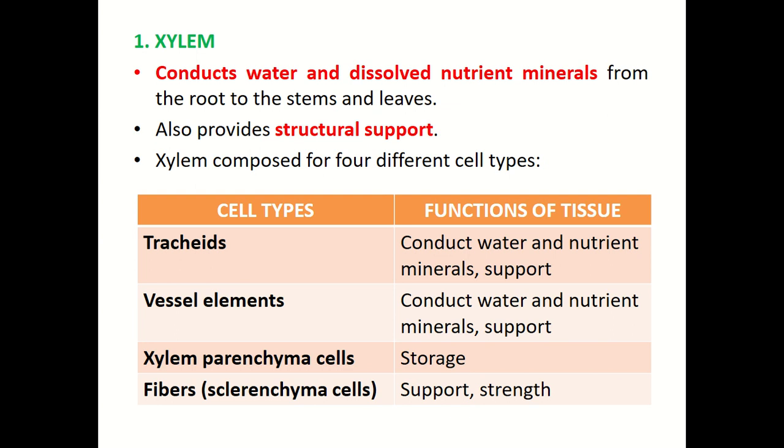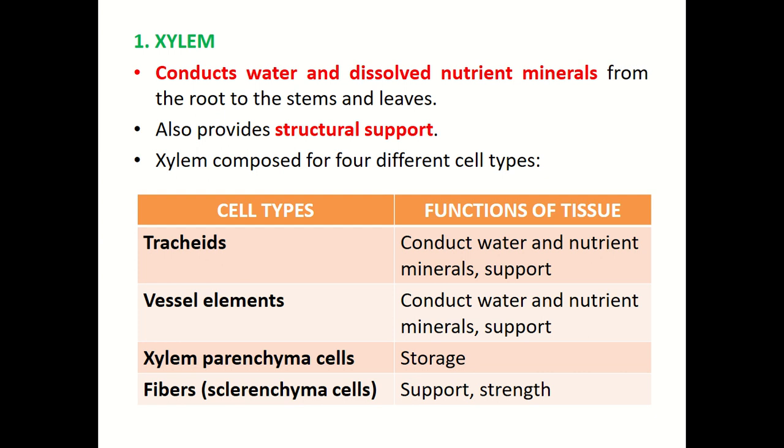Okay, so the first type of vascular tissue is the xylem. Xylem helps to conduct water and dissolved nutrient minerals from the root to the stem and also to the leaves of the plant.